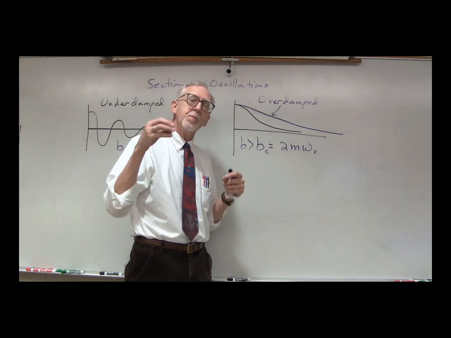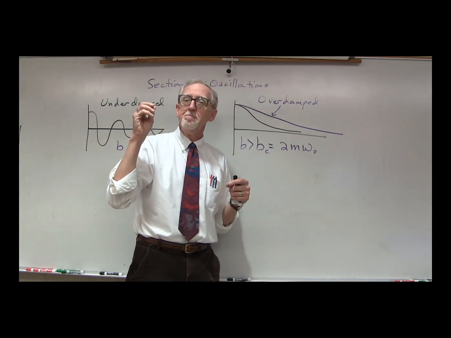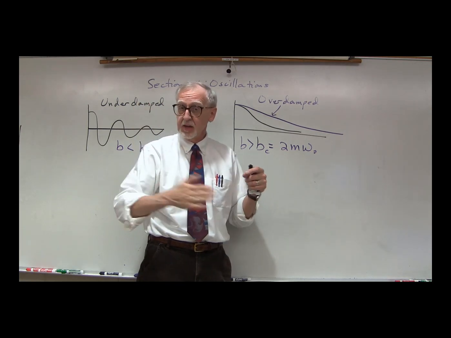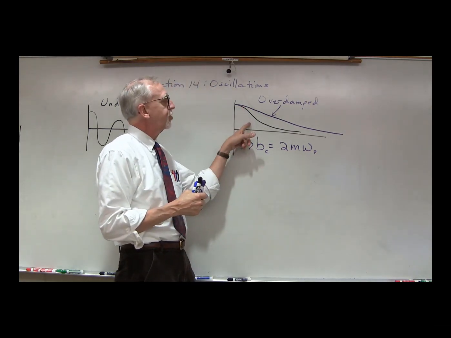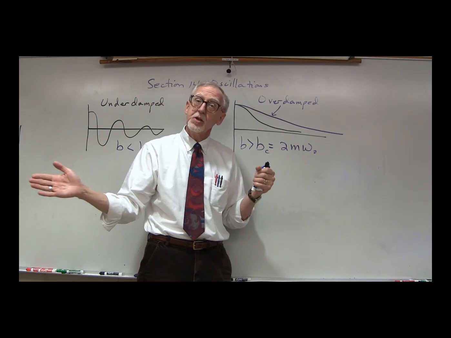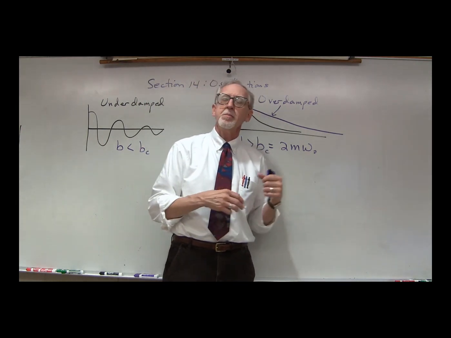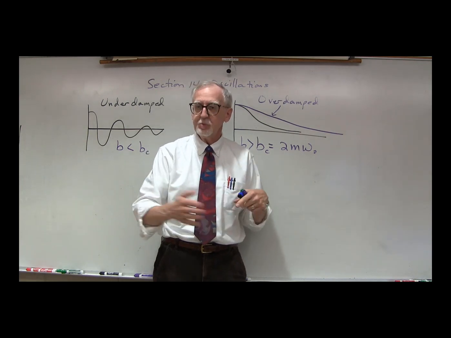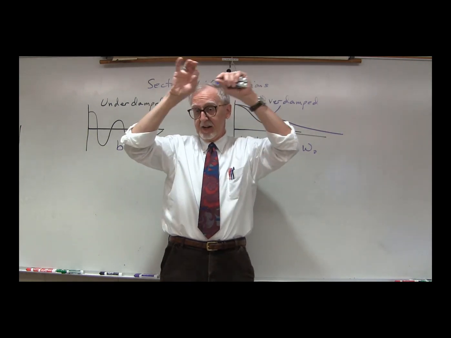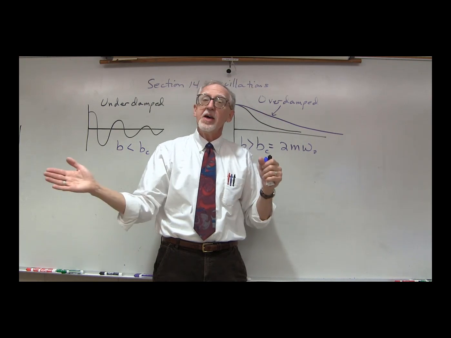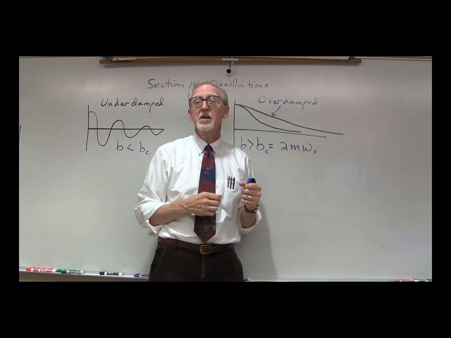Well, in that case, you want to put some kind of damper on the door to make it critically damped, and that will bring the door back to equilibrium as quickly as possible. Even if it doesn't swing back and forth, I'm sure you've seen doors that you push open and they have a little damping device up at the top that regulates how quickly the door comes back.